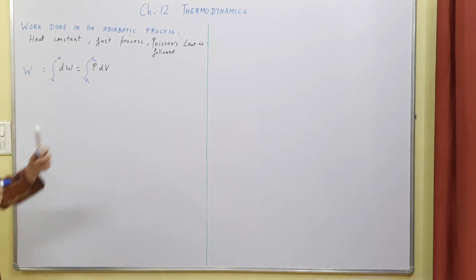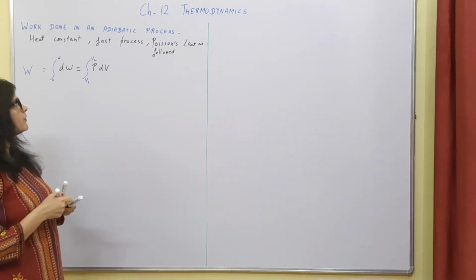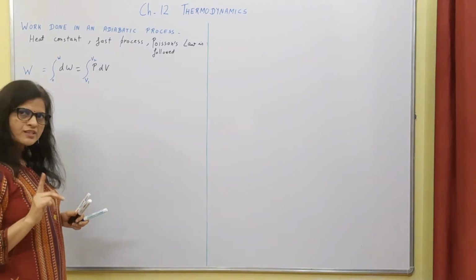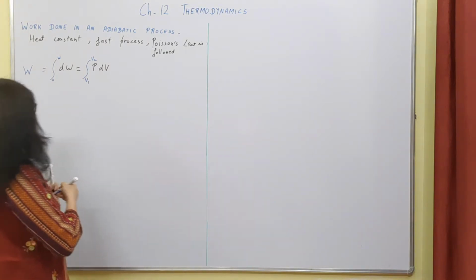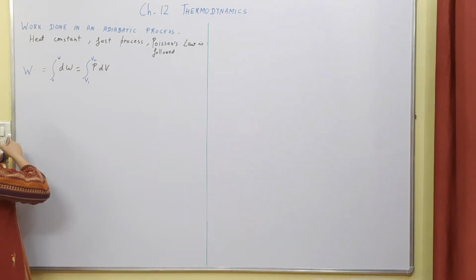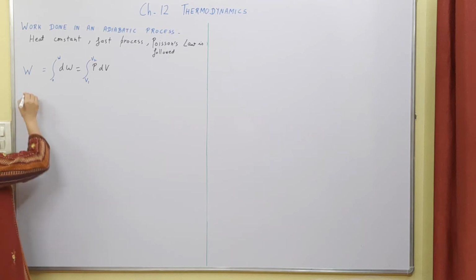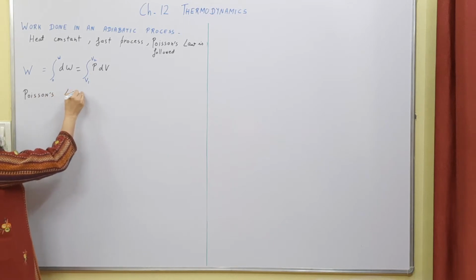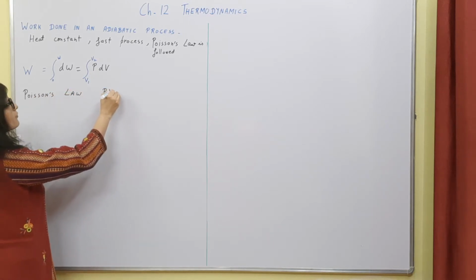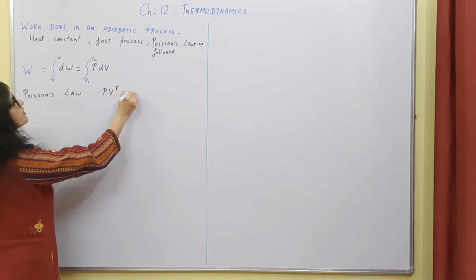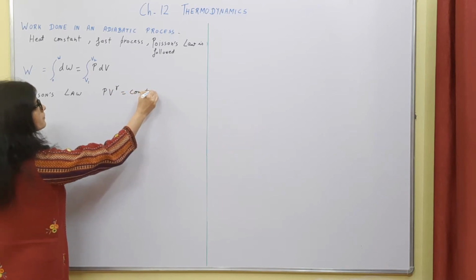The detailed steps we have already done in the isothermal process. Now we know that here Poisson's law is followed. So what is Poisson's law? It is PV to the power gamma is equal to constant.